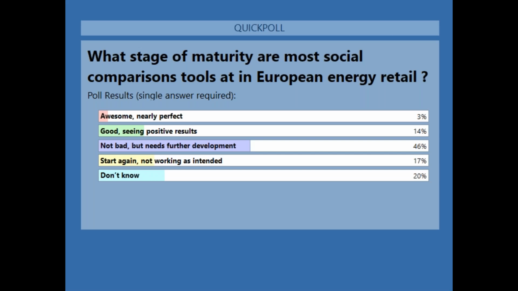So yes, most people think not bad, but needs further development, which I would have to say is where we think they are at as well. I think in a way they're well placed in answering some of the engagement needs of customers, and they've been around for a while. And to be honest, that's satisfactory in answering some of those challenges.